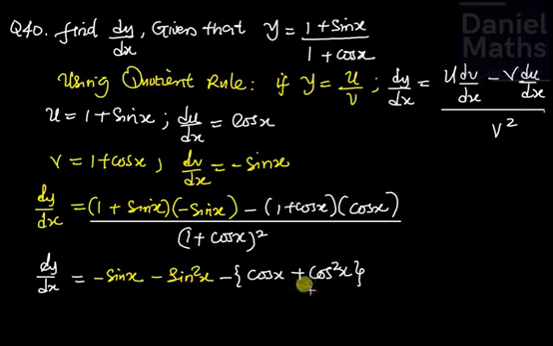And all of this is being divided by 1 plus cos x all squared. So this is what we have.